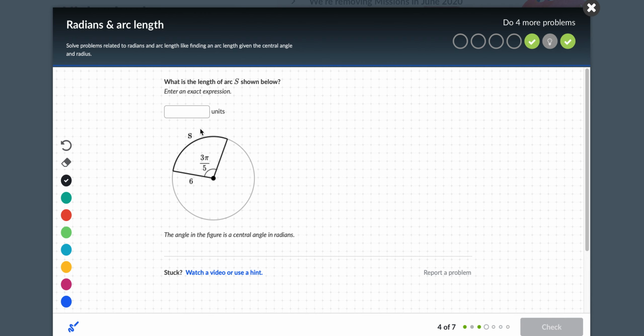What is the length of arc S in the equation shown below? So if we go back here, S is the arc length, which divided by the radius, which is 6, is equal to 3 pi over 5. So this is the first way I'm going to show you that you can reconfigure this equation.